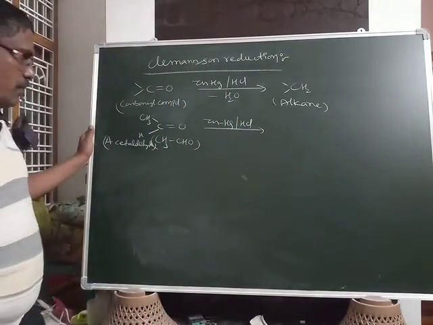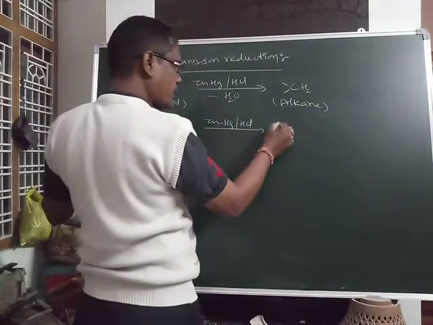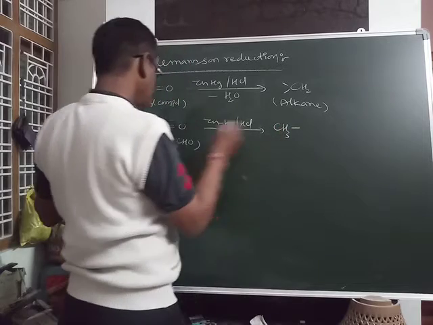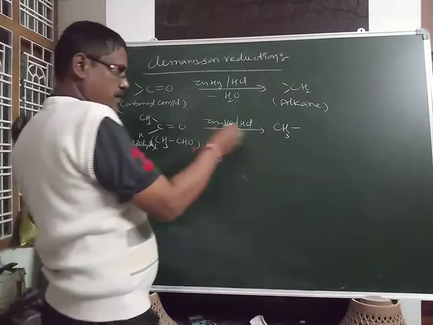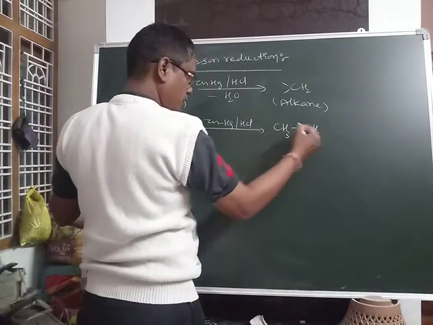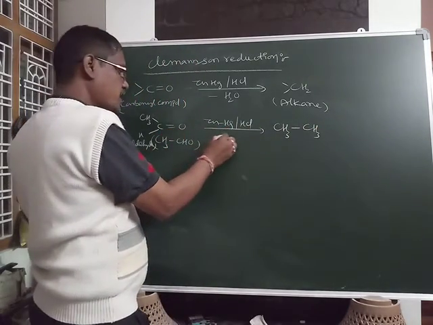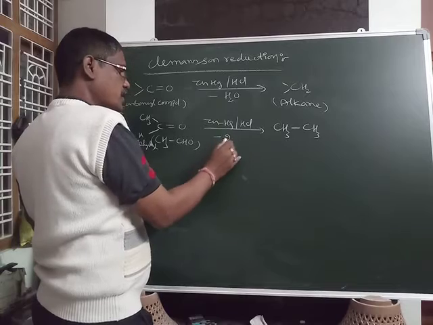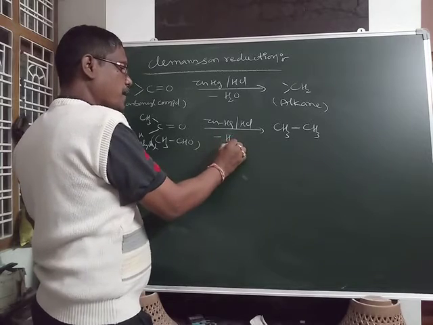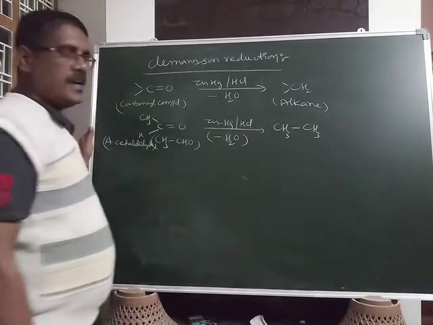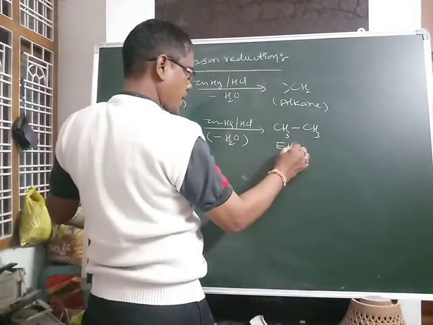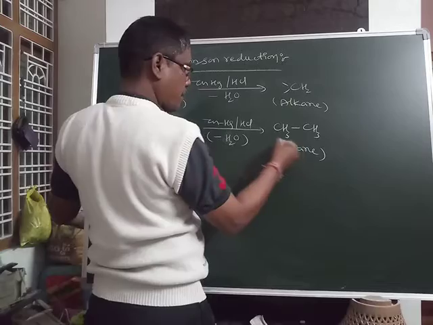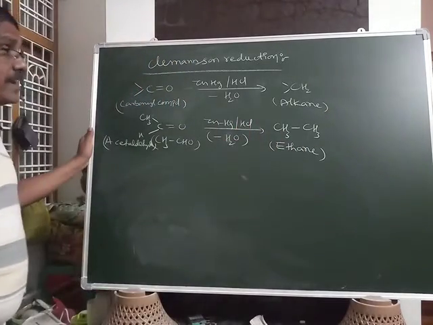CH3 is already present, C will take 2 hydrogens and becomes CH3, and here oxygen will take 2 hydrogens and is eliminated as H2O. This is called ethane, and this is an alkane.